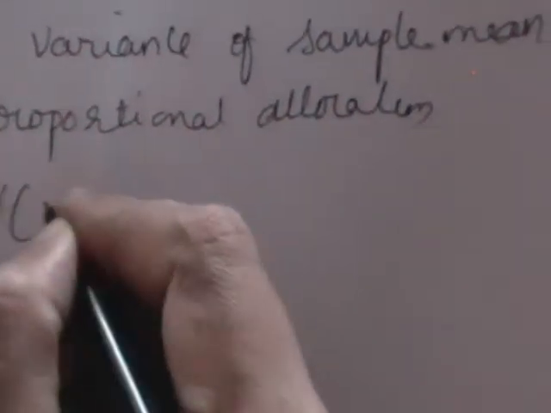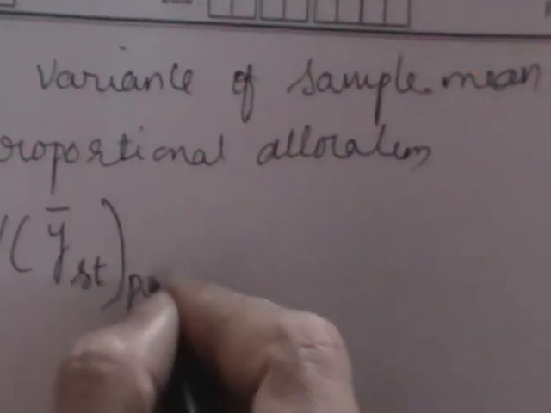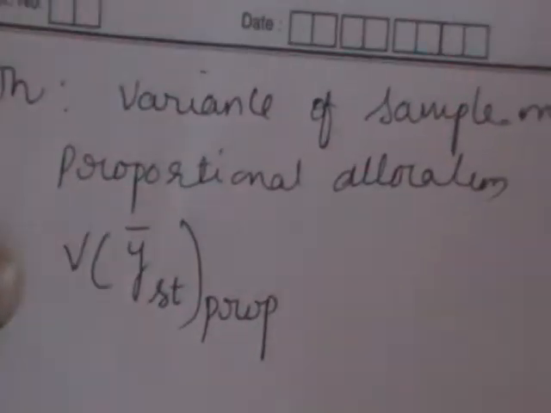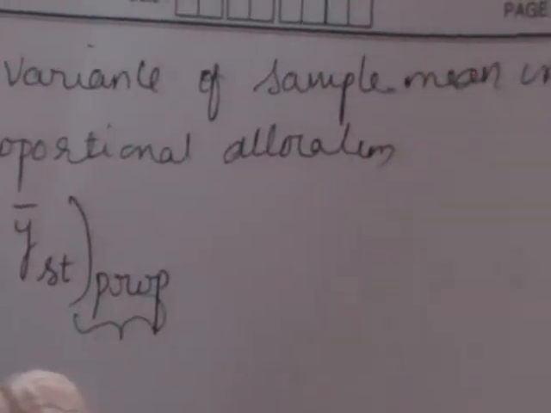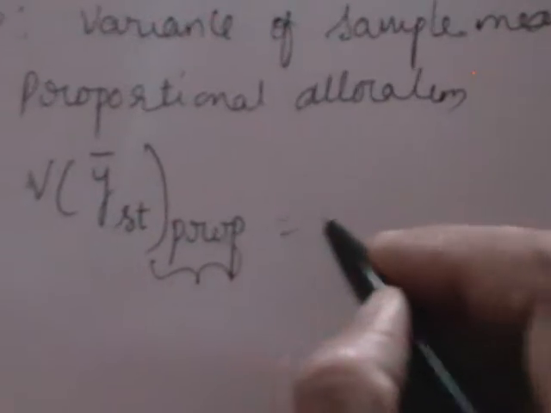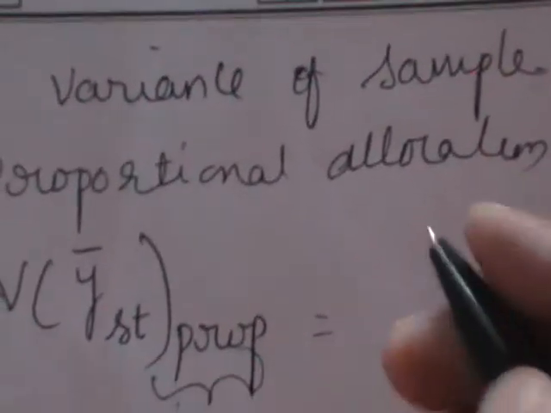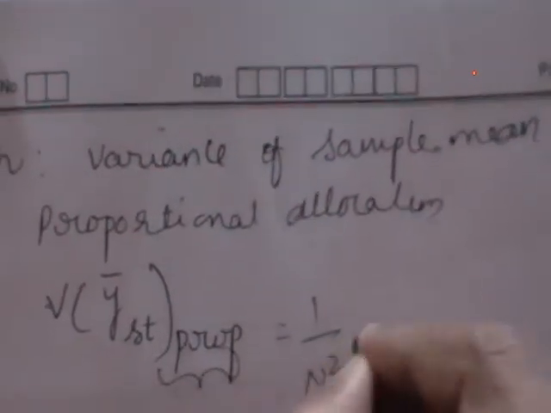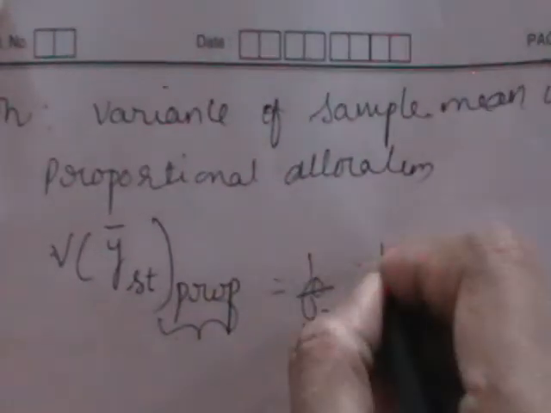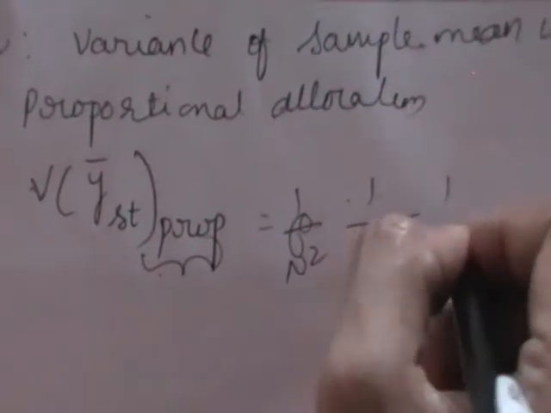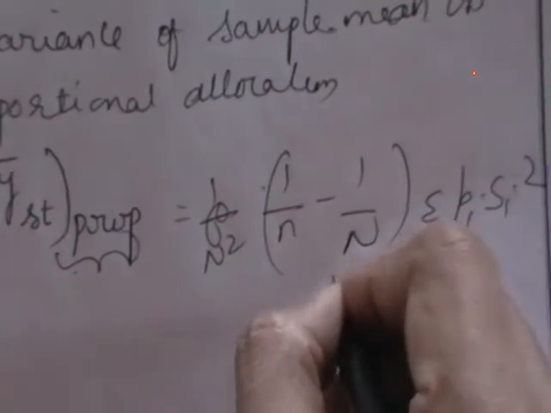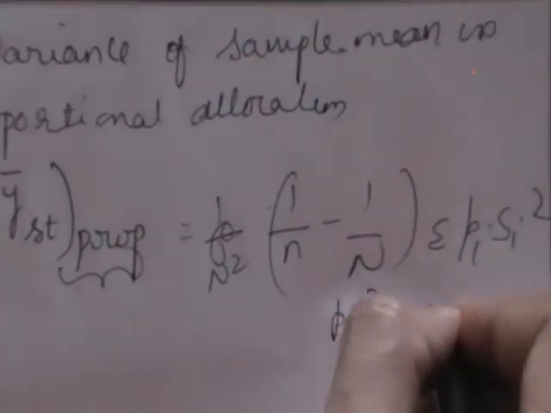The variance of y bar st under proportional allocation, you need to derive the expression for this, which is 1 by n minus 1 by N into sigma Pi si square, where Pi is nothing but Ni by N. You need to prove this.